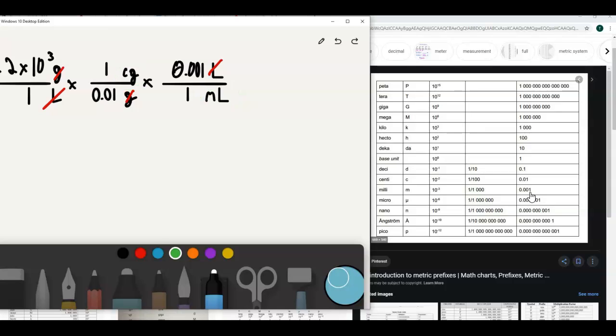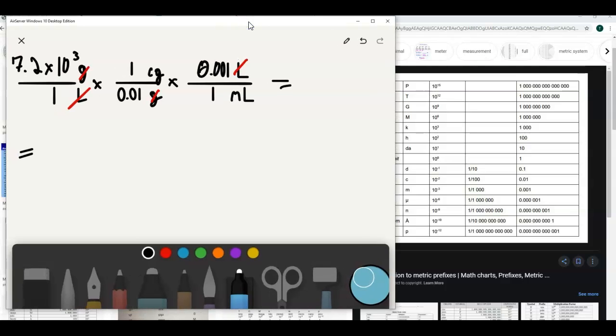So let's put this down here. I want a little bit of room. Let's throw this all in the calculator. We have 7.2 times 10 to the third power. Don't forget that times 10 to the third power, because that's what the number is, divided by 0.01 times 0.001.